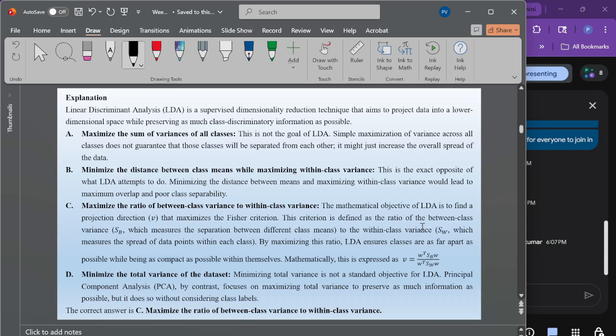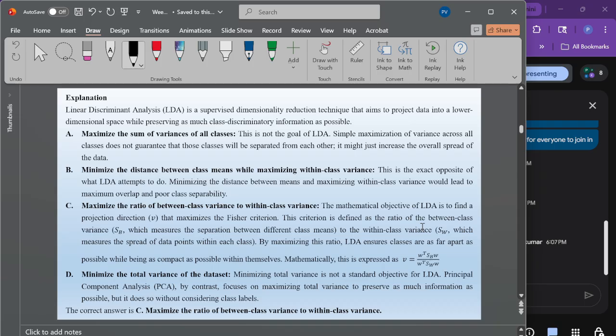Linear discriminant analysis, LDA, is a supervised dimensionality reduction technique which aims to project data into a lower dimensional space while preserving as much class discriminatory information as possible. We will go through the options one by one. Option A is maximize the sum of variance of all classes.